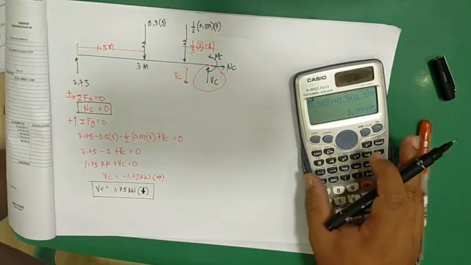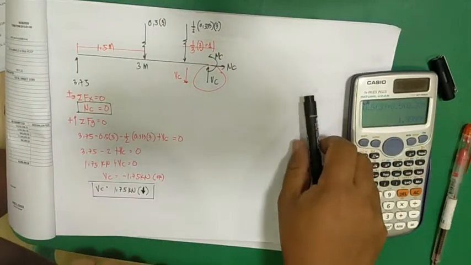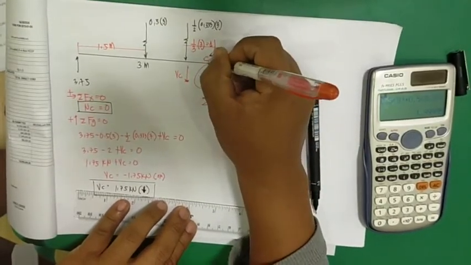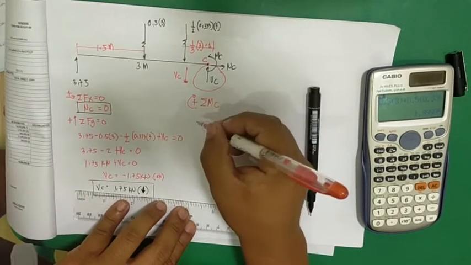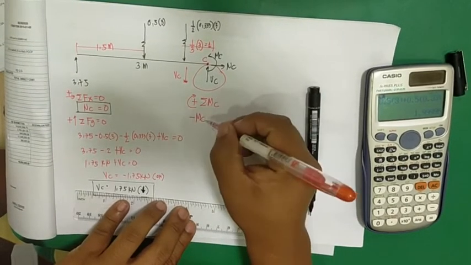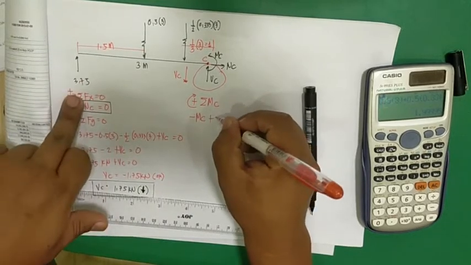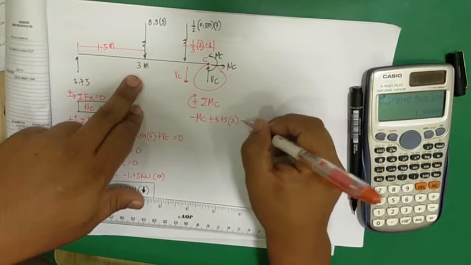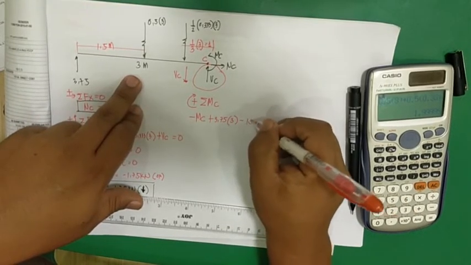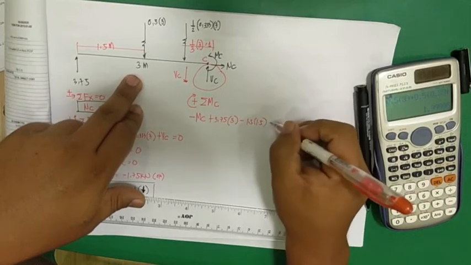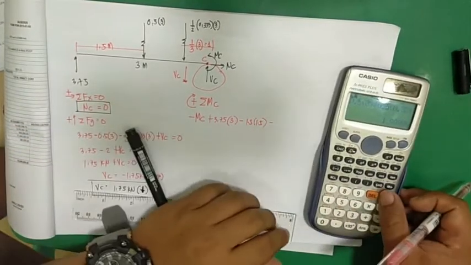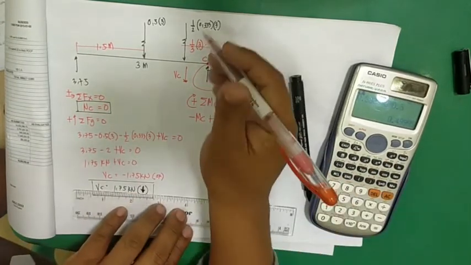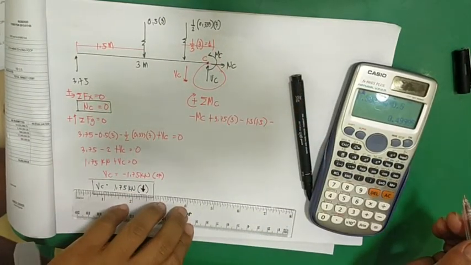how about for moment? Summation of moment at C: plus minus MC plus 3.75 multiplied by 3 minus 1.5 times 1.5 minus, what is 0.333 times 3 times 0.5, is 0.5.